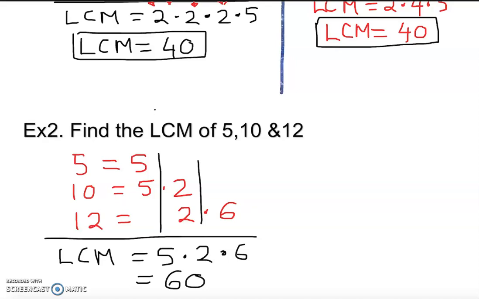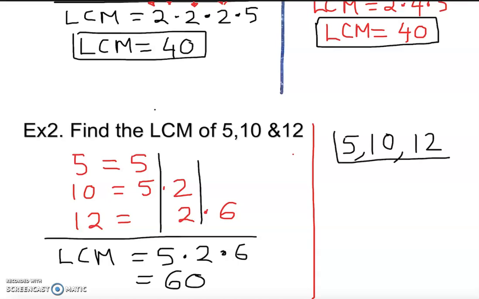Now I'm going to show you a slightly different way on the other side. I have 5, 10, and 12. I used to like this one when I was younger. I know many ways, but in this video I'm going to show only two ways.